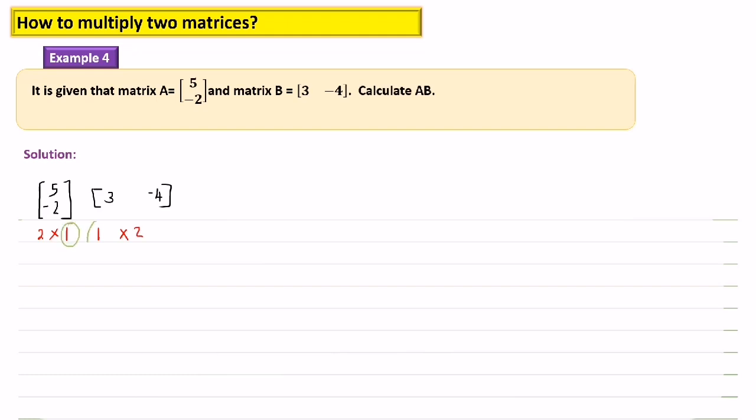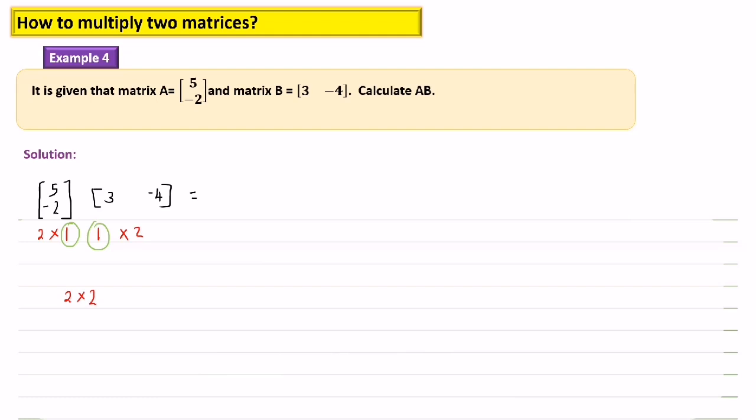Okay, the numbers in the middle are the same, and the final matrix will be of order 2 by 2, meaning 2 rows, 2 columns.